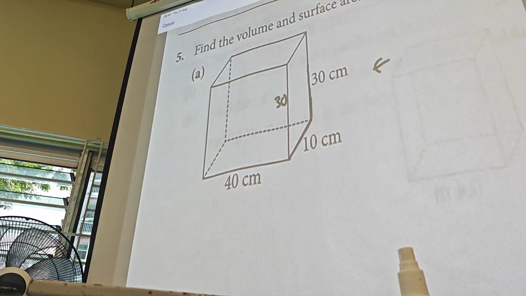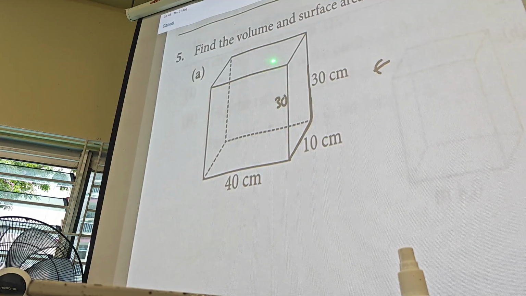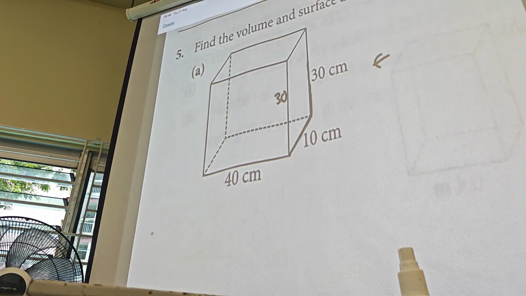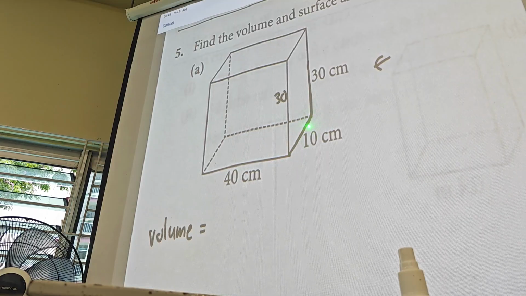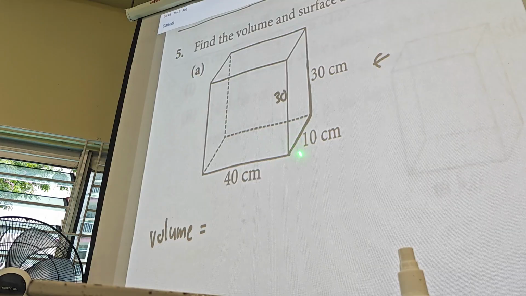So how do we find the volume? If you remember how we generated the cube, we put squares and then by how much height. So if we have a cuboid, the idea is still the same. We put rectangles and stack up 30 cm of the rectangles. So end of the day, my volume is still this bottom rectangle, length times breadth. I have a rectangle already, then I multiply, there are 30 cm of them.